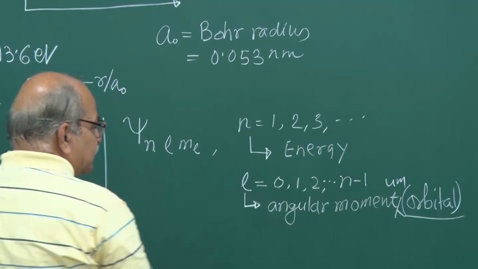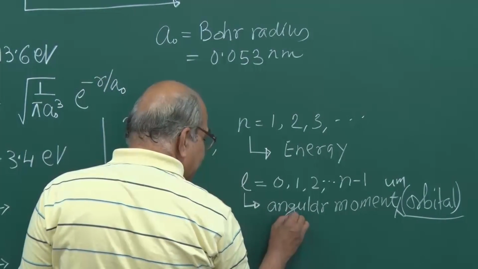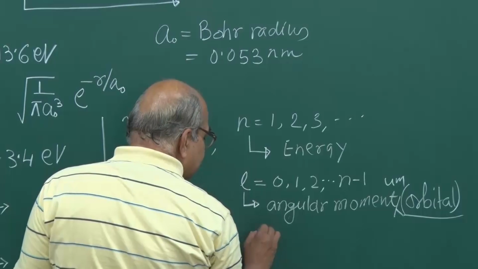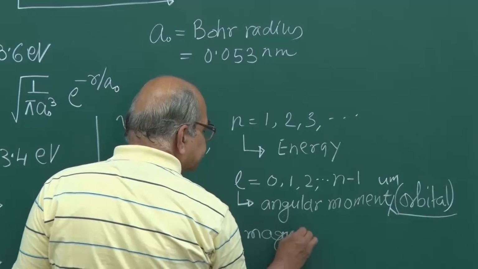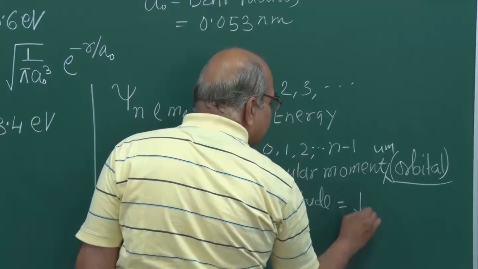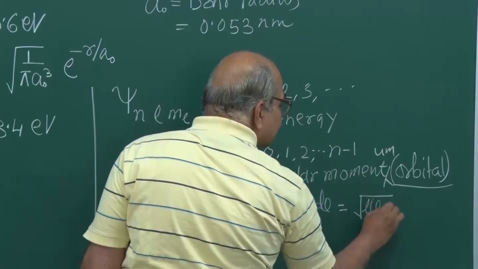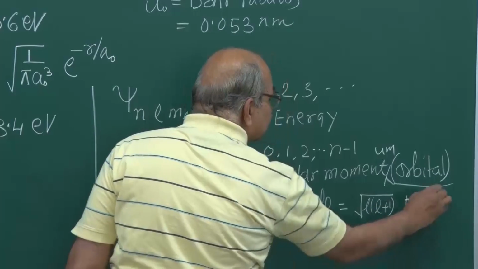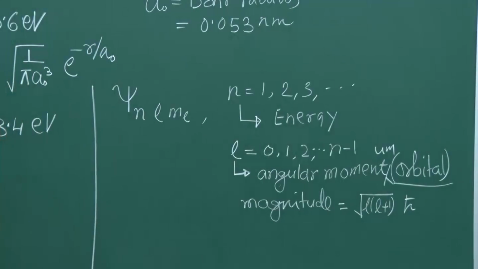It is related to the magnitude of orbital angular momentum, and this magnitude is square root of L times L plus 1 times h cross. So that's the magnitude of angular momentum.